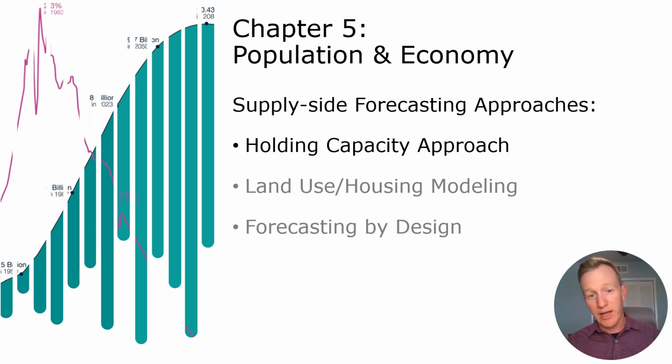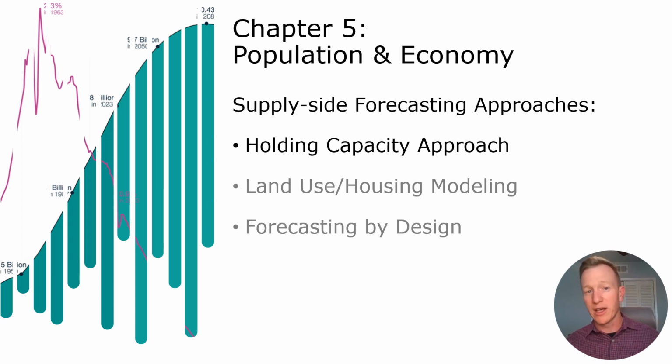The first category, holding capacity approach, that's going to depend on your supply of land, any environmental constraints. So if you have like a large wetland where you're not going to allow growth, how much density is going to be allowed in that area. Whether you have infrastructure capacity issues, so if you don't have sewer in that area and you're not proposing to put sewer in that area, you're going to have capacity issues.